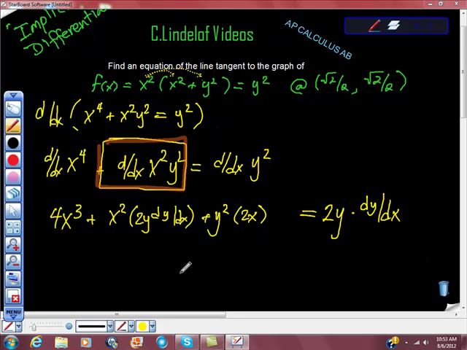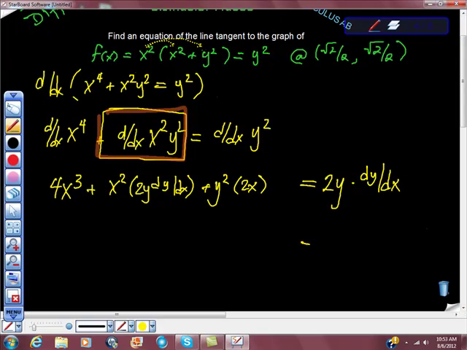Now what we're looking at is where I want to move everything that doesn't have dy dx to one side. If we do that, it's going to end up looking like this, and you can follow along if you will, please. I'm going to move over this 4x cubed, so I get negative 4x cubed. I'm going to move over this 2xy squared as a negative, so negative 2xy squared, if you don't mind.